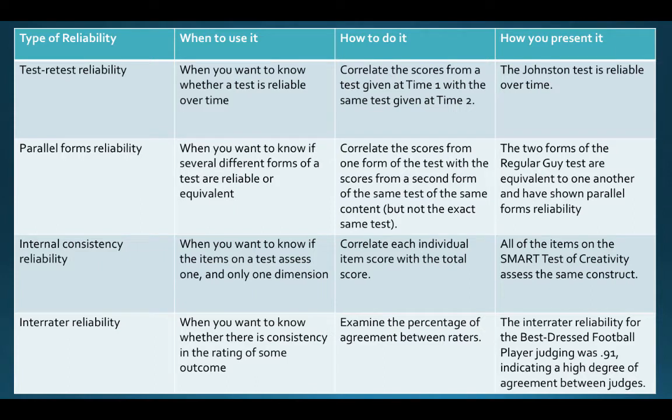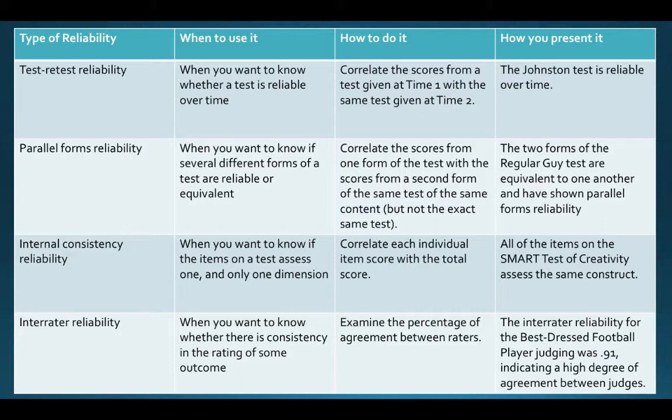If we look at the different types of reliability, you have test-retest reliability, parallel forms, internal consistency, and inter-rater reliability. We're going to talk through each one of these. This chart you can refer back to; it gives you a good example of when to use each one, how to do it, and how you present it.